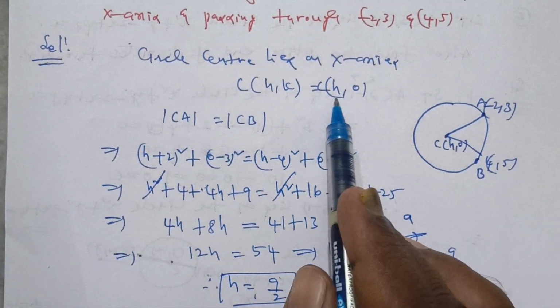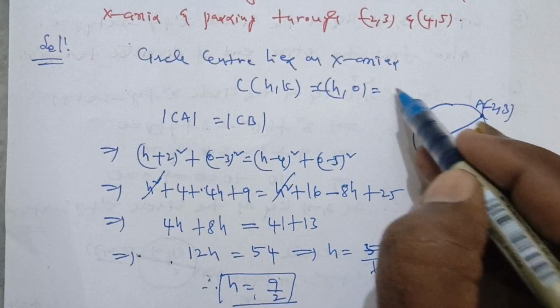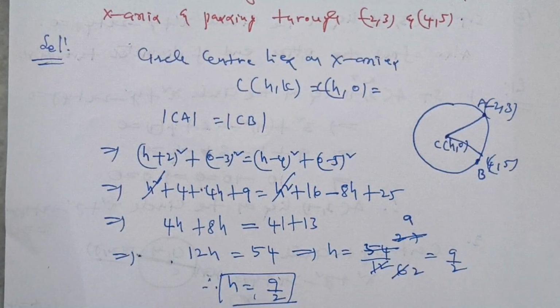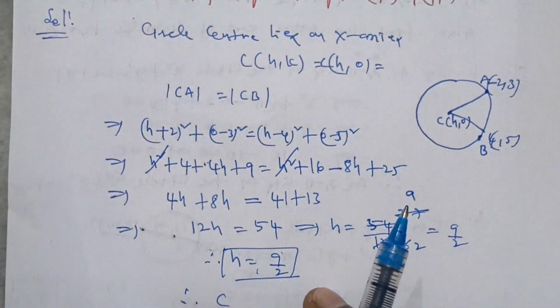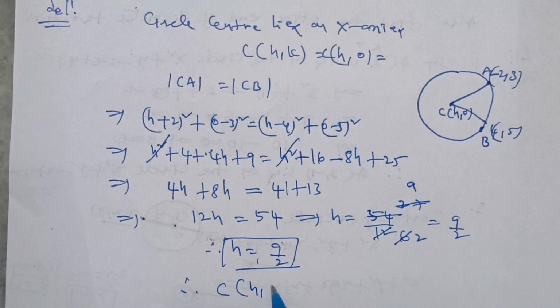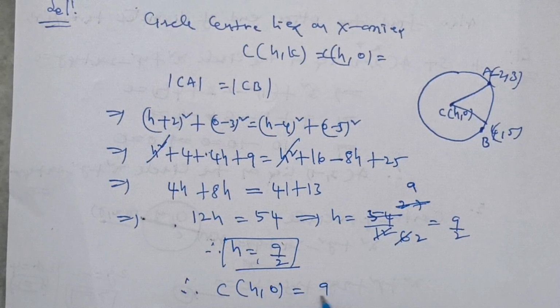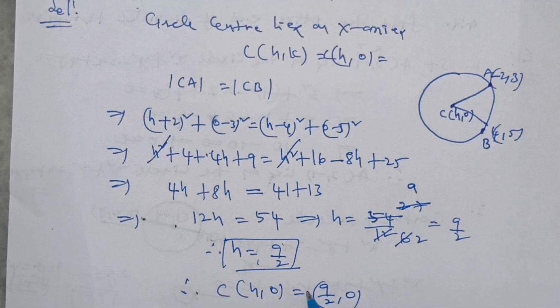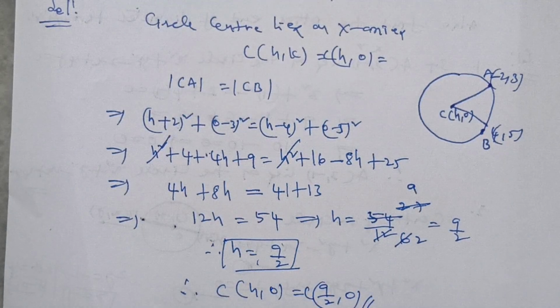Okay, so here the h value is 9 by 2. Therefore the center C (h, 0) equals (9/2, 0). This is the center of the required circle.